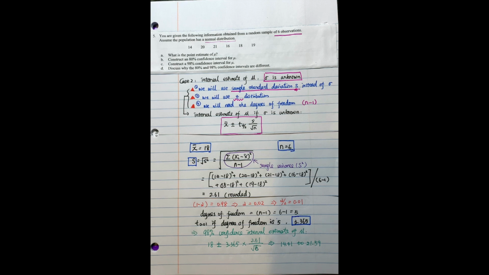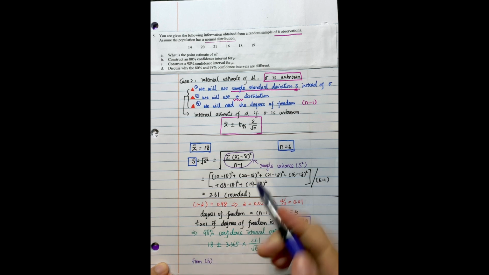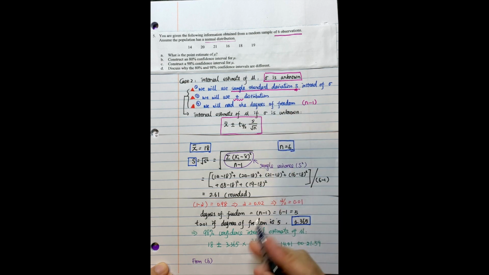And if you go back to check part B's answer, I'll just write it down. From part B, we have the 80% confidence interval of mu equal to 16.43 to 19.57, right?